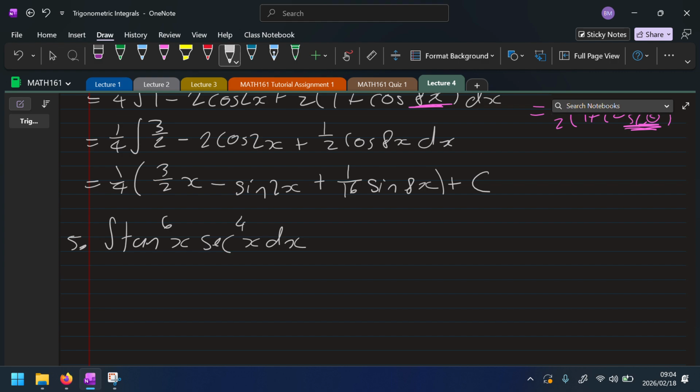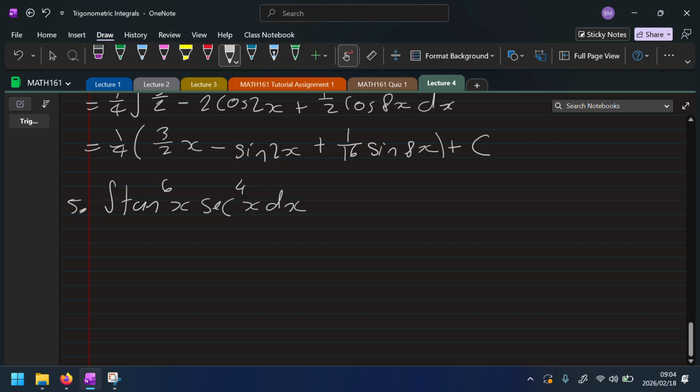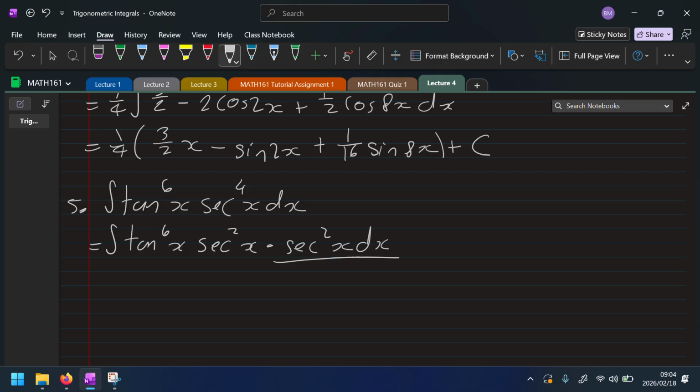So if u is tan, du will be sec squared. So again, between the tan and the sec, what should we factor out? Sec squared. Good. So this is going to be equal to tan to the 6x sec squared, and we're going to factor out a sec squared x dx, because we want that part to be du. So we're going to say u equals tan.